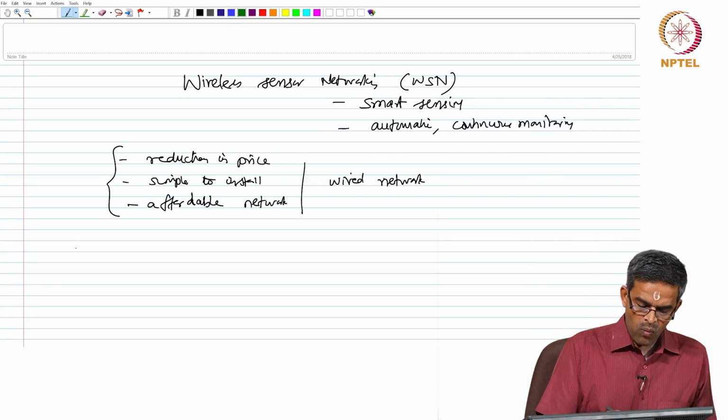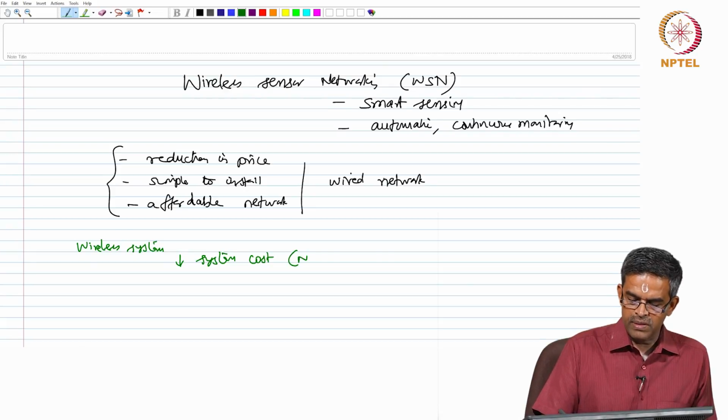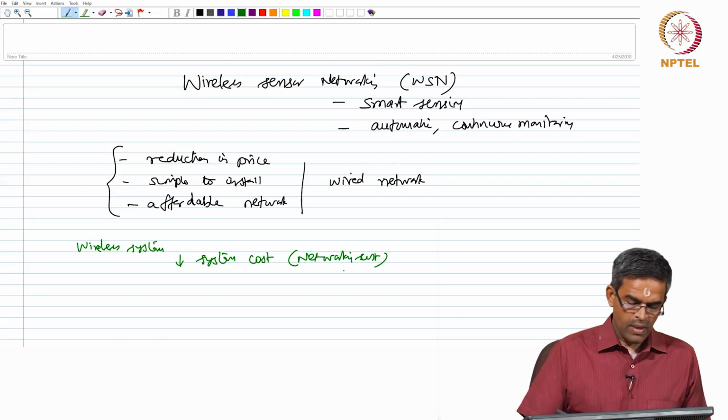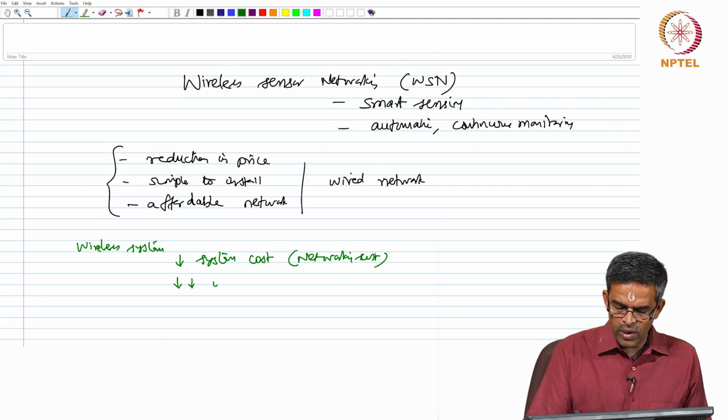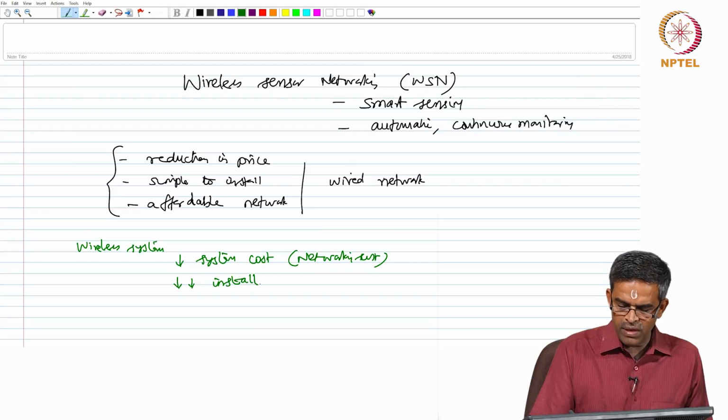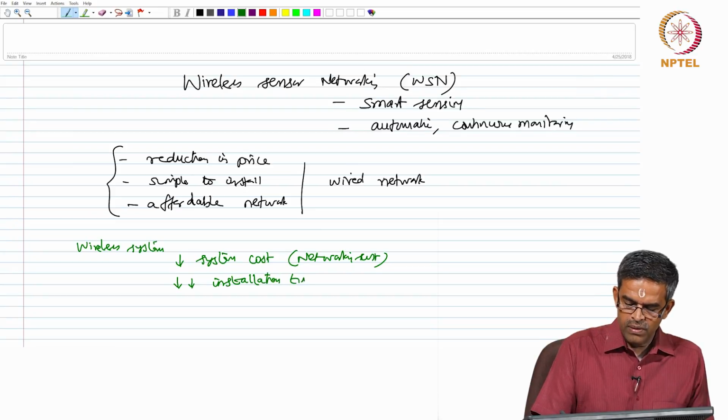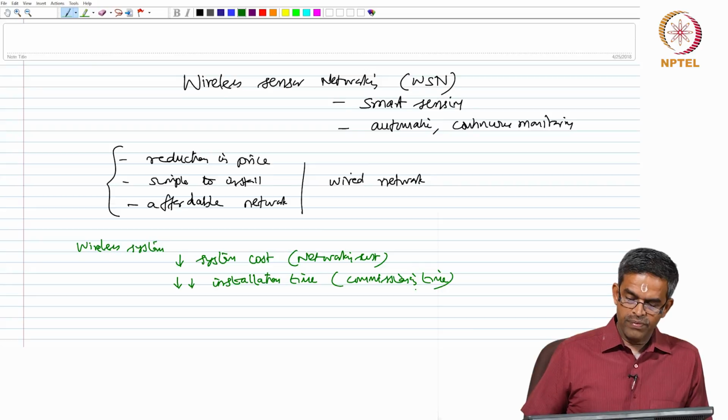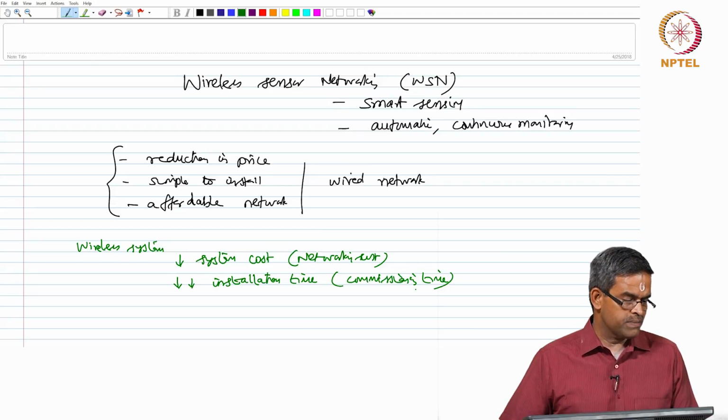Further, wireless systems have low system cost, that is very important, the networking cost I mean to say, and they have very low installation time, that is very important for us. That is, commissioning time is very short, and it is very compact, which is an advantage for us.